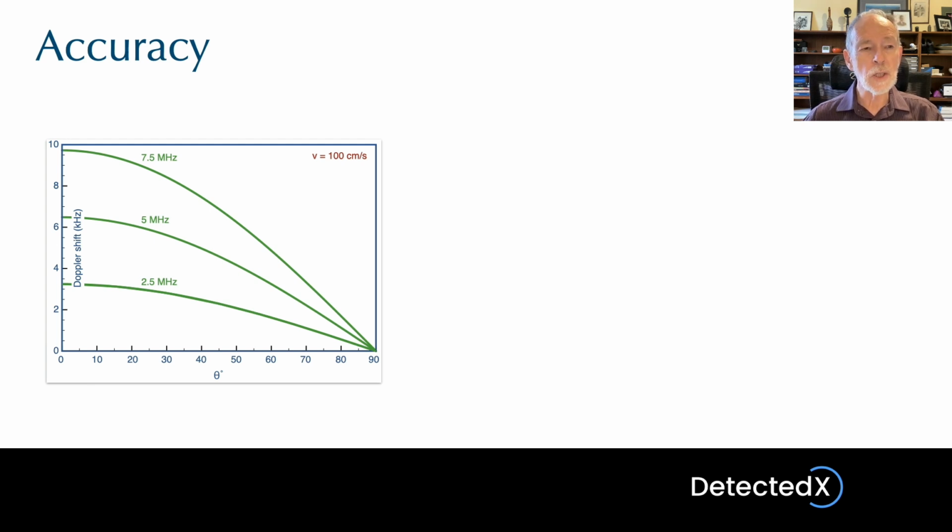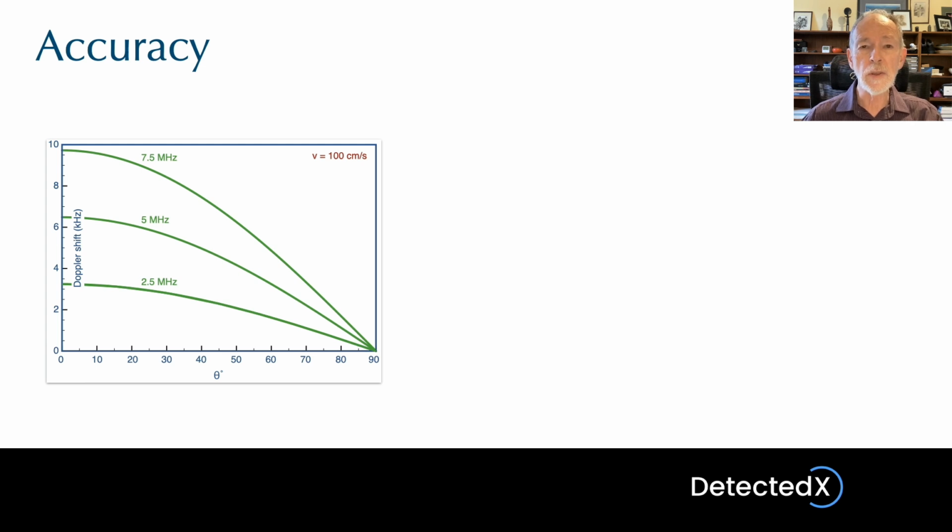Now, as I said, the machine is going to be detecting and measuring Doppler shift, and we will then want to be able to calculate blood velocity from Doppler shift. So the machine will be using the Doppler equation to do that. In order to do that, it needs to know the value of the Doppler angle theta.